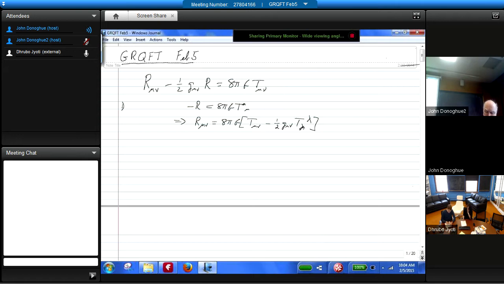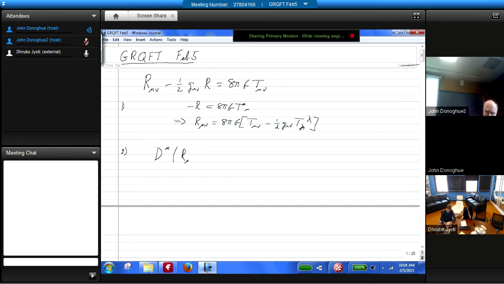In the weak field limit, it's sometimes easier to use one equation and sometimes the other, so we can go back and forth anytime we want.